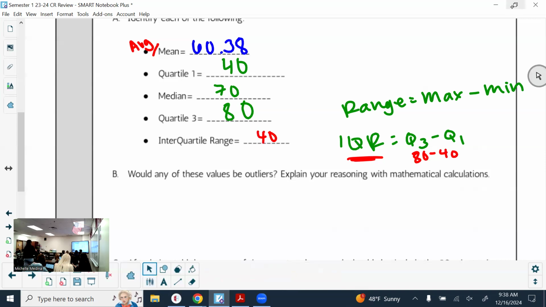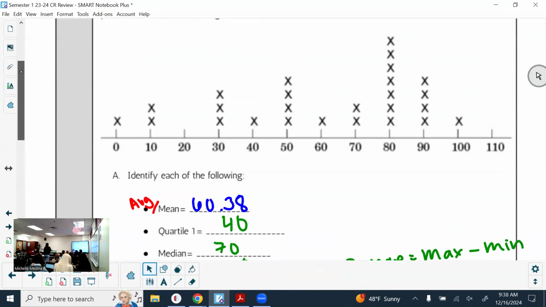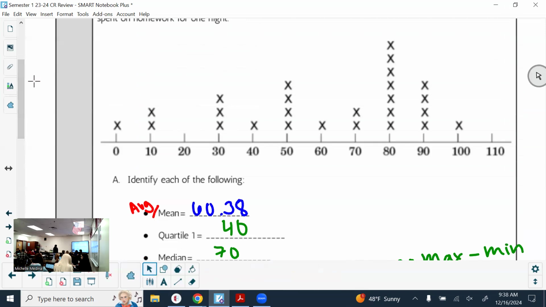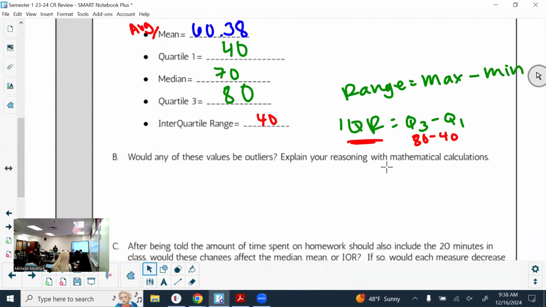Would any of these be outliers? What do you guys think? Do any of them visually look far away from the rest of the data? So I would think that that's a safe assumption. It does say to prove it with mathematical calculations. So, I mean, if you don't do that part, still kind of guess, right? That would get you at least some of the points visually. And then usually you'll be right if you guess visually.